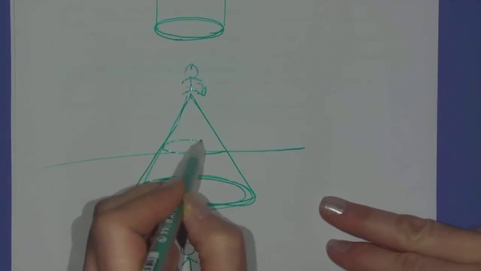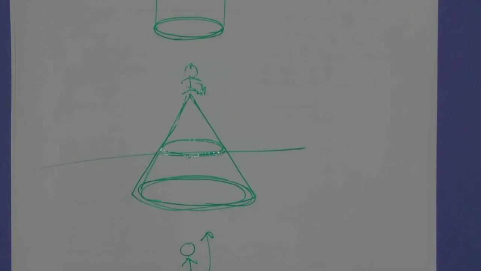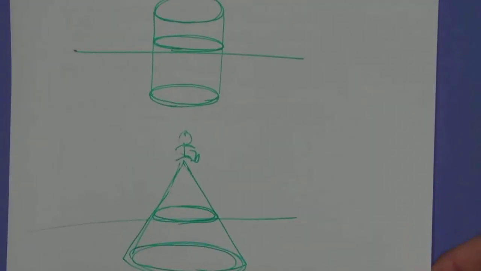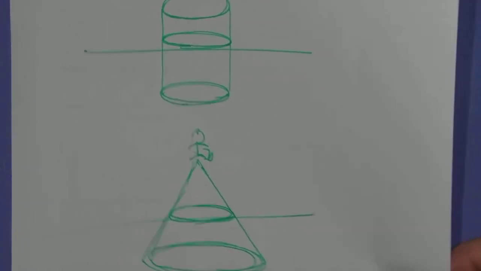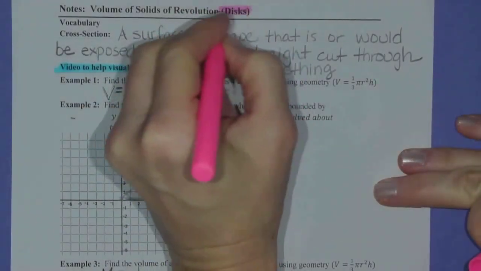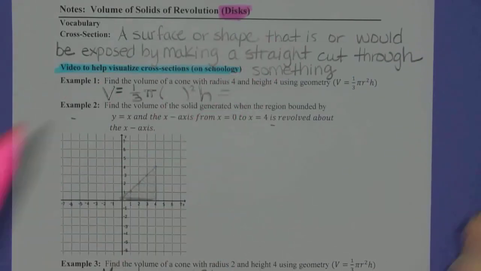Hopefully you can envision that you would see a circle. So oftentimes, cross-sections of 3-dimensional objects are circular, and in this lesson, we call that a disk. I'm going to highlight that word disk because this lesson will only deal with cross-sections that are disks.